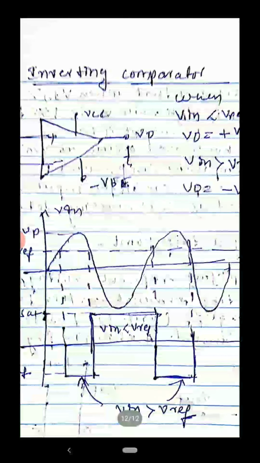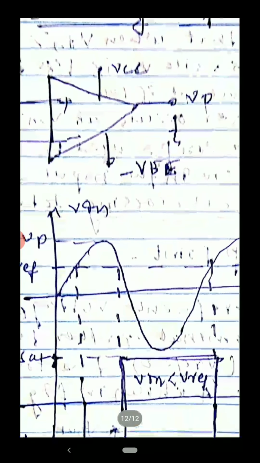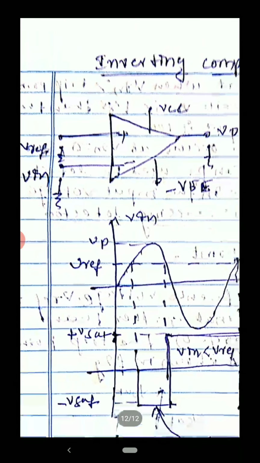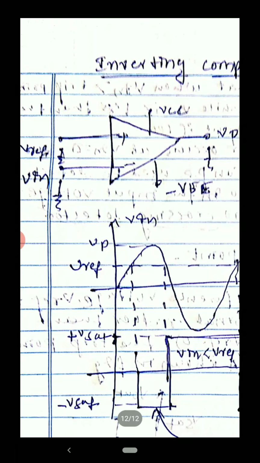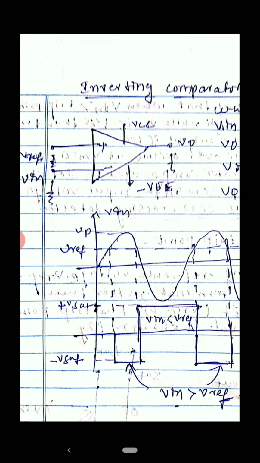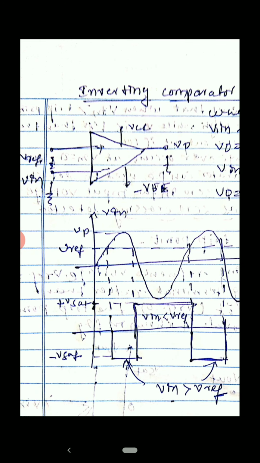In inverting mode, comparator means what? Just exchange your inputs, like what you can see here. Earlier V input was given to the positive terminal, V reference was given to the negative terminal. Now you have given V input to the negative terminal, it has become an inverting comparator. So in this case it becomes exactly opposite to the non-inverting comparator.